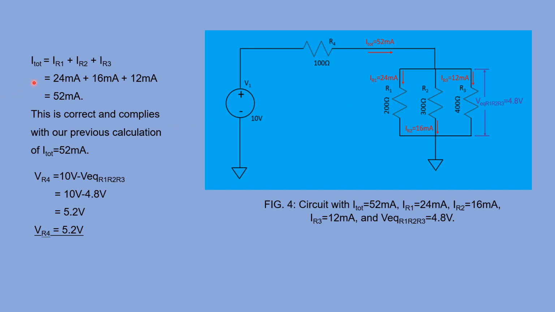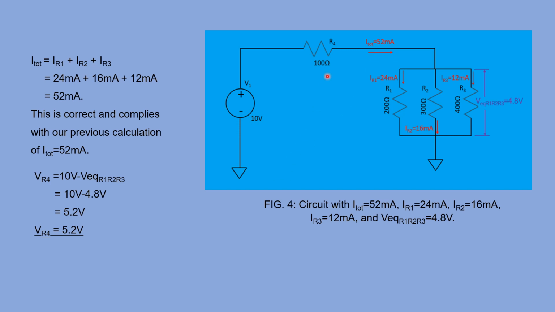So we can say that I total is the current in resistor 1 plus the current in resistor 2 plus the current in resistor 3, which is 24 milliamps plus 16 milliamps plus 12 milliamps, which is 52 milliamps, which is correct as we calculated that previously and indicated I total as 52 milliamp.